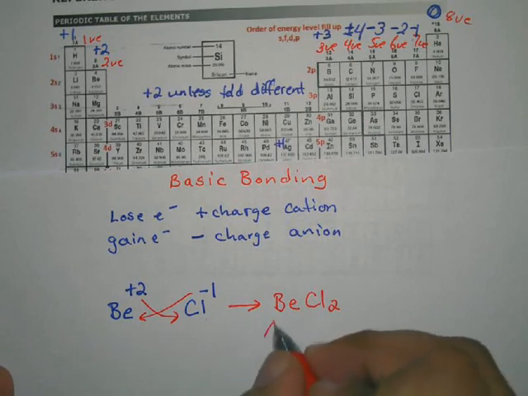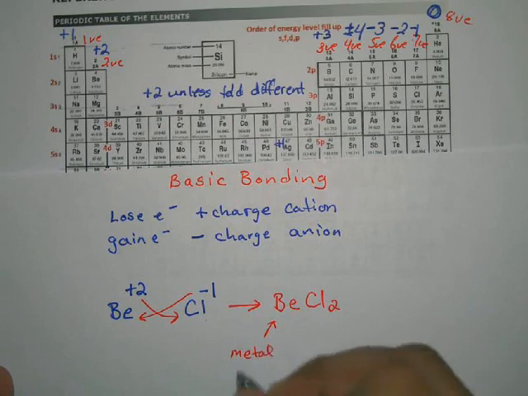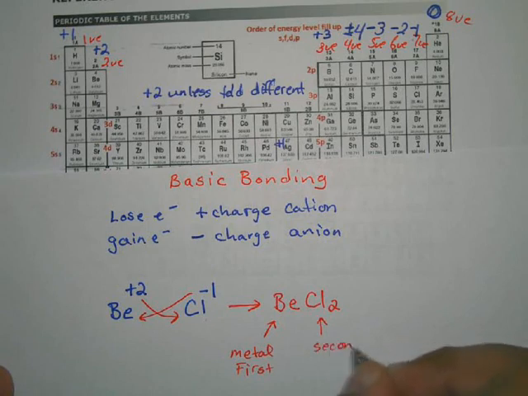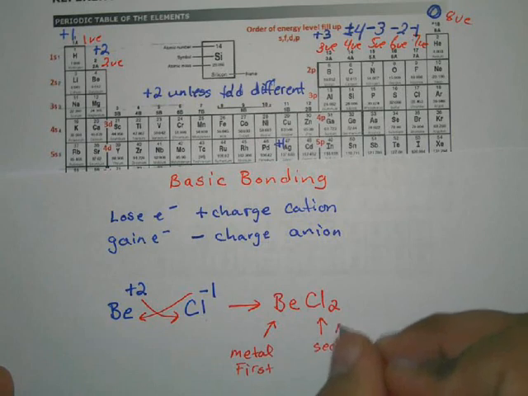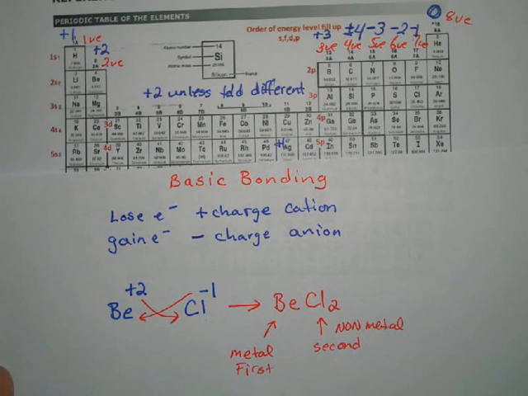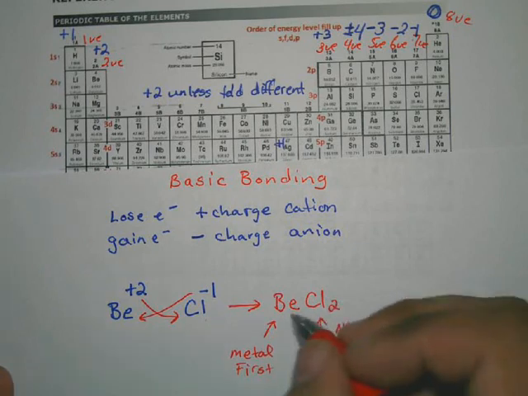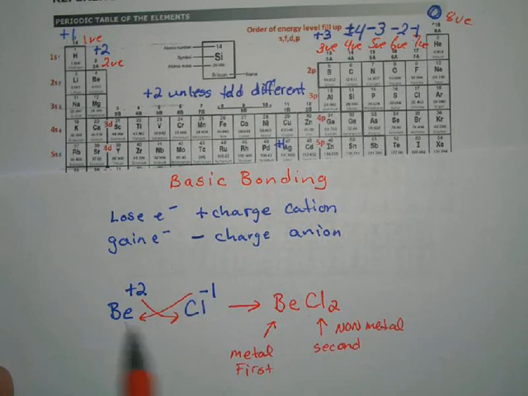When you're bonding the metal, ionic bonding, the metal always goes first and the non-metal goes second. So the metal goes first, non-metal goes second, and remember I said we do not write 1s. He got a 1 from chlorine, but we don't write 1s.